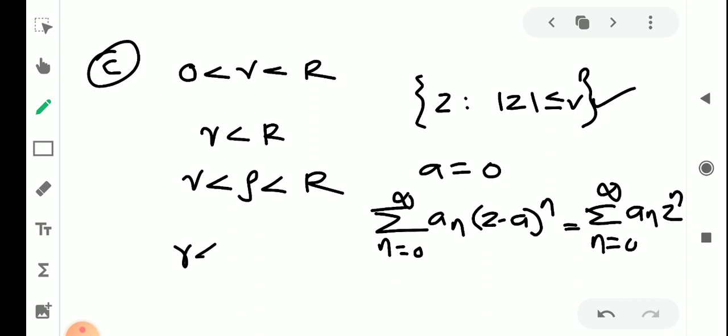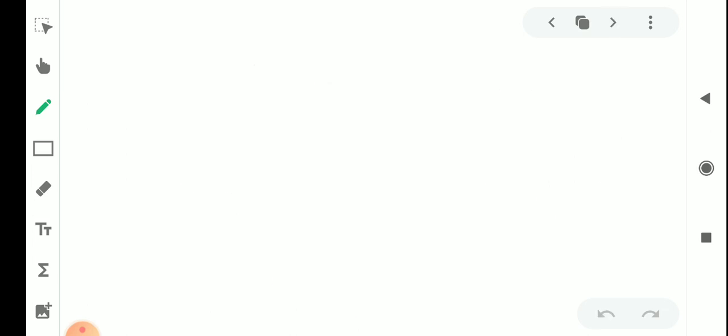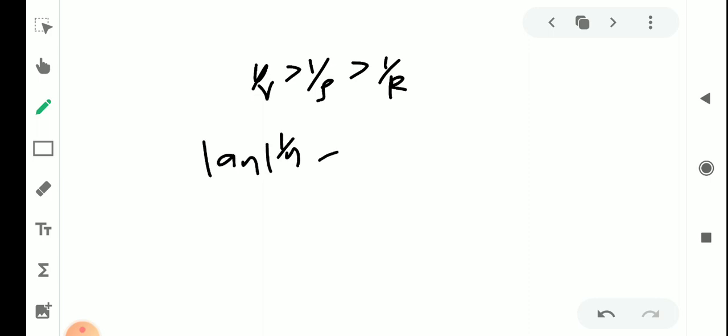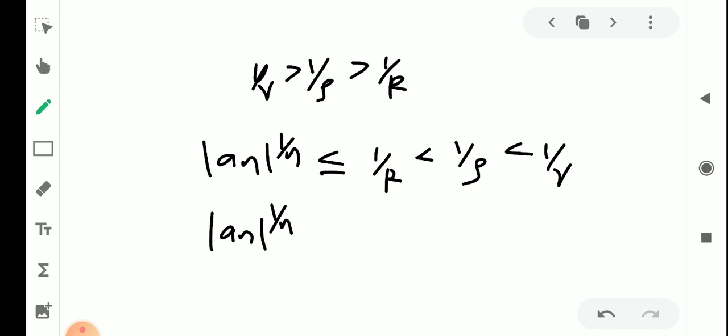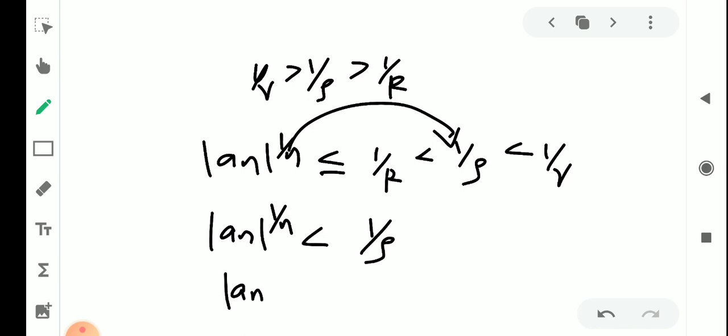We have small r less than rho, that implies 1 by r is greater than 1 by rho, which is greater than 1 by capital R. That is, we have mod an raised to 1 by n less than or equal to 1 by capital R, which is less than 1 by rho, which is less than 1 by r. Combining this, mod an raised to 1 by n is less than 1 by rho. Taking the nth power, mod an is less than 1 by rho raised to n.